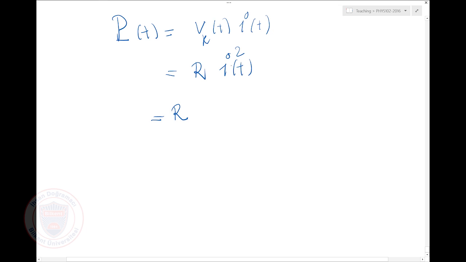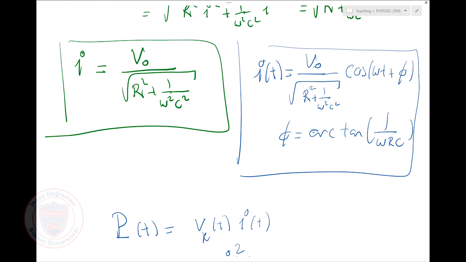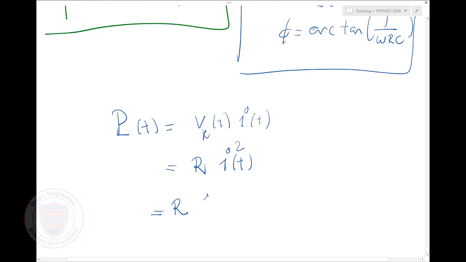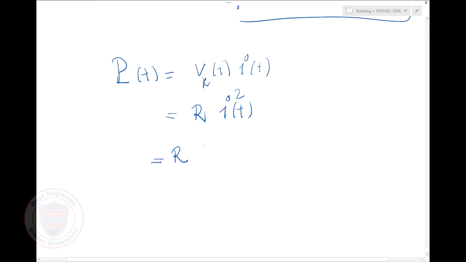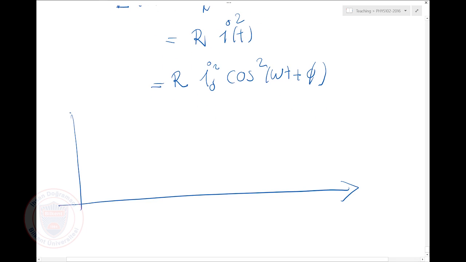Now, this is kind of interesting. So what this actually tells me is R times, let me just call this I0, okay? So it's going to be R times I0 squared times cosine squared of omega t plus phi.